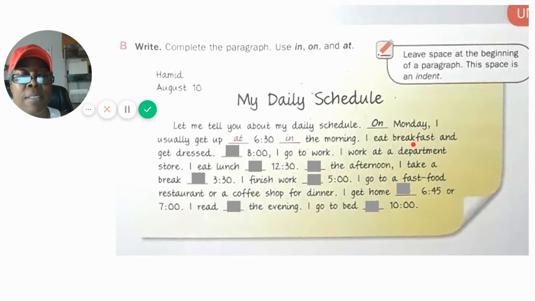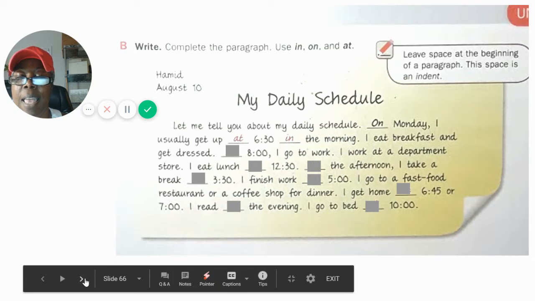I eat breakfast and get dressed. So here we're using eat and get dressed, okay? Then we start a new sentence, and we have a specific time. So with a specific time, we use at.